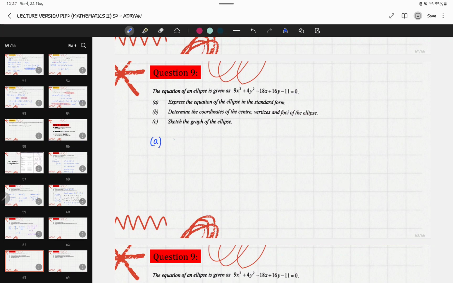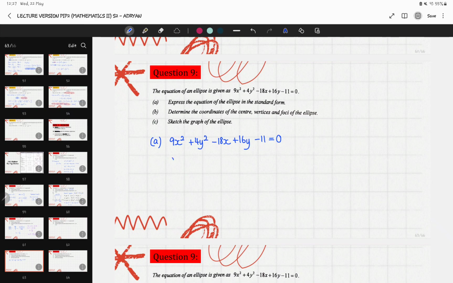Therefore we write it back. 9x squared plus 4y squared minus 18x plus 16y minus 11 equals 0. Okay, whenever you get this, always remember you are trying to complete the square. Therefore you must arrange all the x to one side, y to one side, numbers to one side.